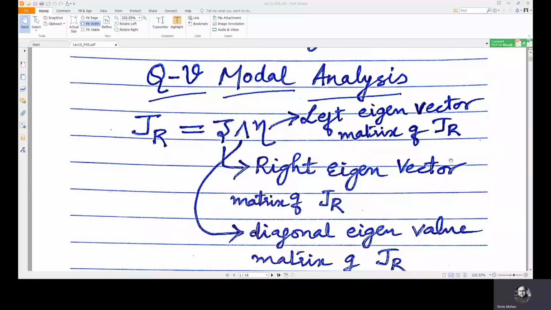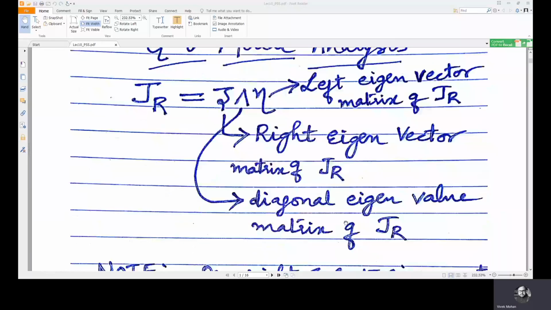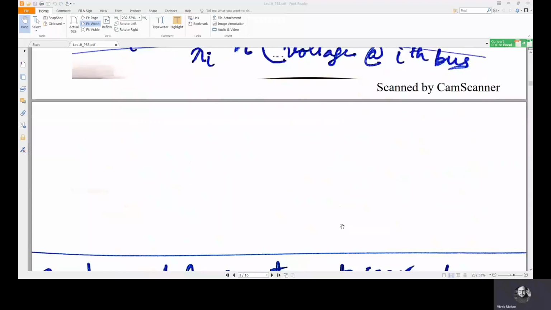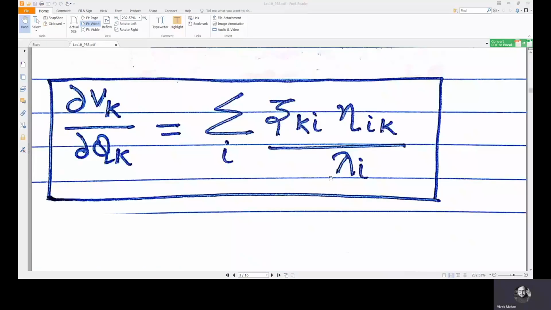Theta is the right eigenvector matrix of JR and eta is the left eigenvector matrix of JR. So we are representing the right and left eigenvectors of JR, whole divided by the eigenvalue, and the sign of the eigenvalue defines the stability.